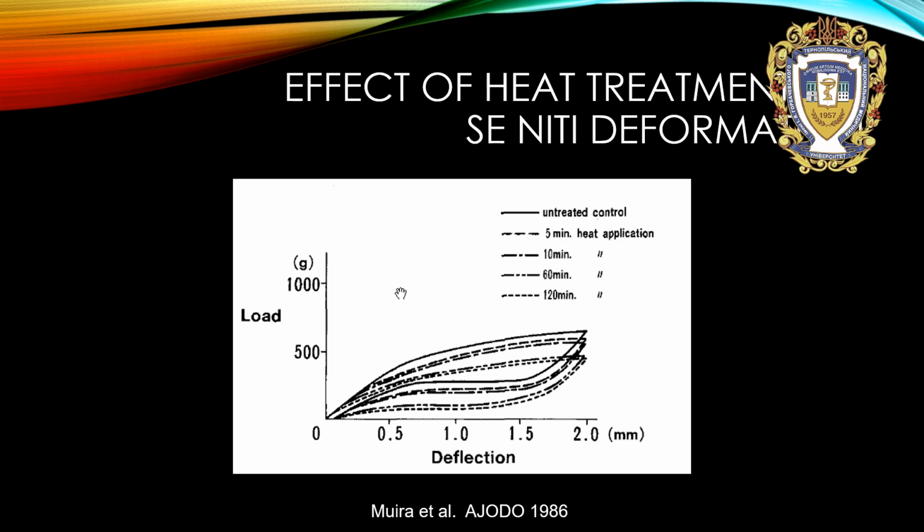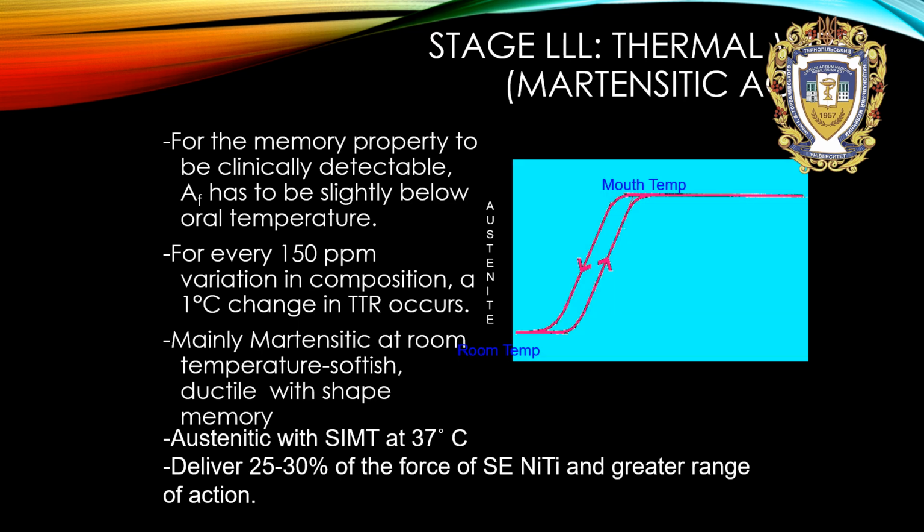Here is shown the effect of heat treatment on superelastic NiTi deformation. Thermal wires, martensitic active. For the memory property to be clinically detectable, the austenitic phase has to be slightly below oral temperature.